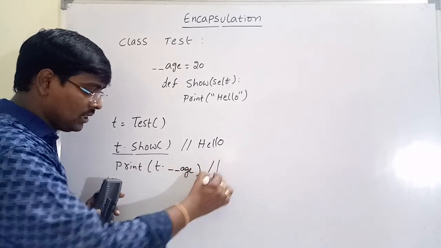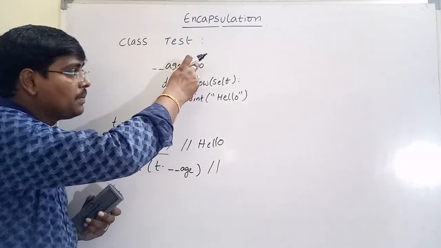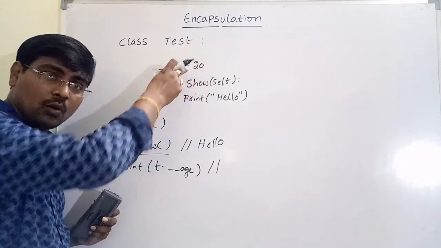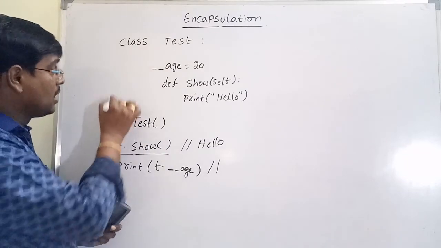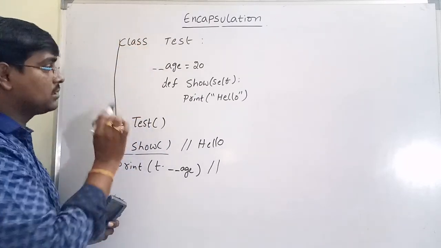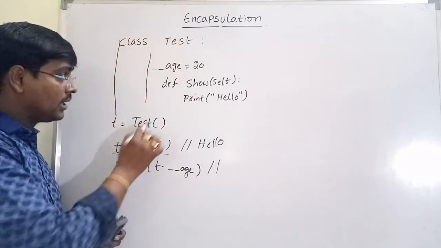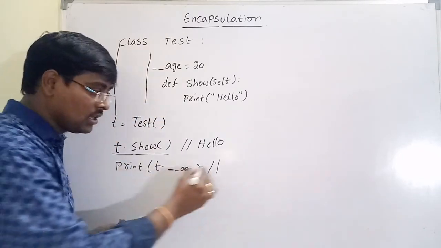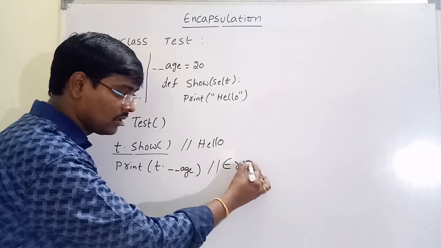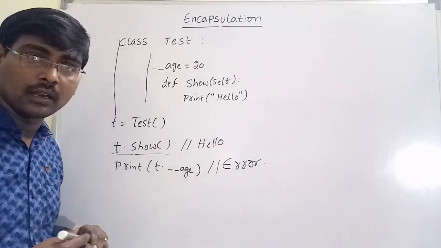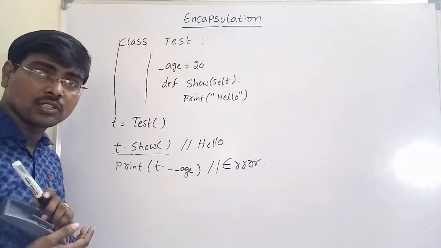Whenever we call this, age is a private variable, so it is not allowed to access it outside the class, because this indentation is the class only. It is not possible to access it outside the class. It displays an error. So we are providing restriction.